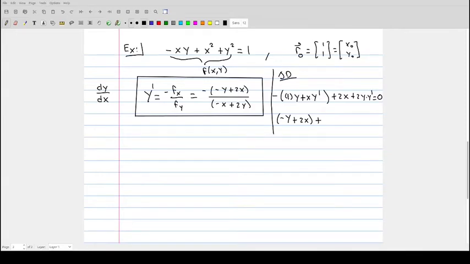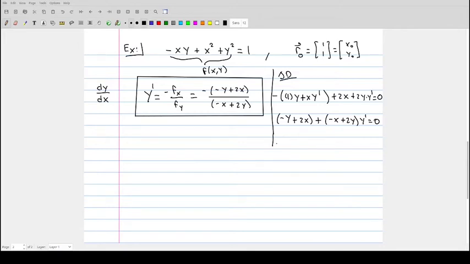This should be the derivative of x, which is 1 times y plus x times the derivative of y, which is y prime. So that then gives us, when we factor out y prime, negative x plus 2y times y prime is equal to 0.